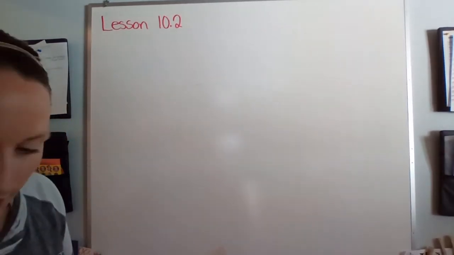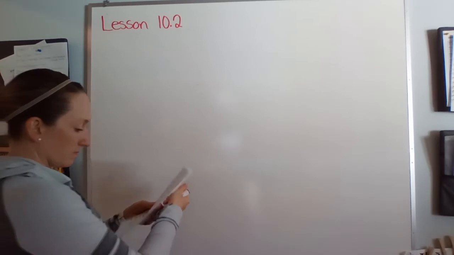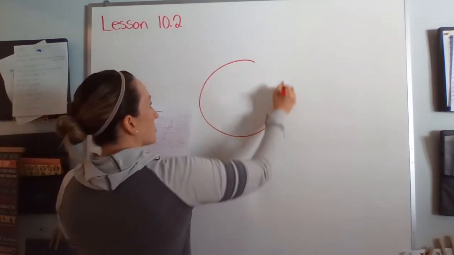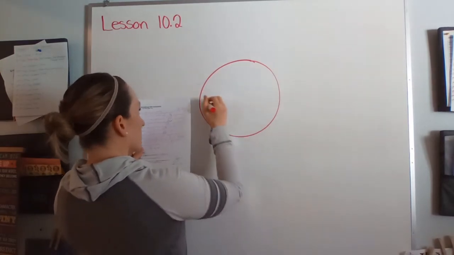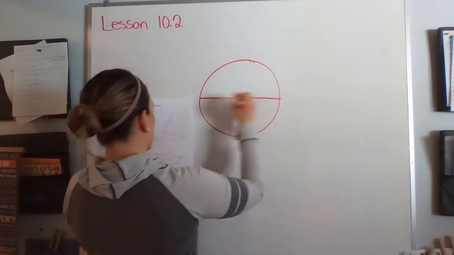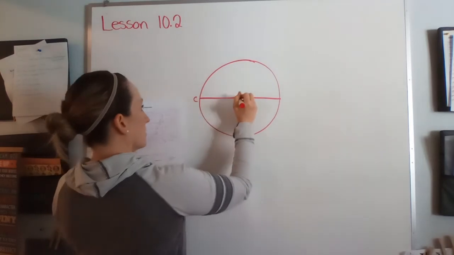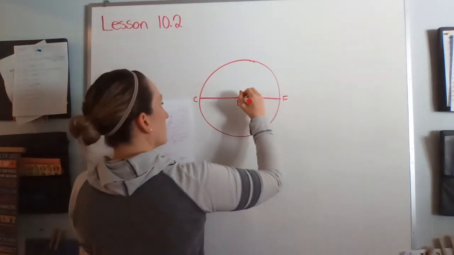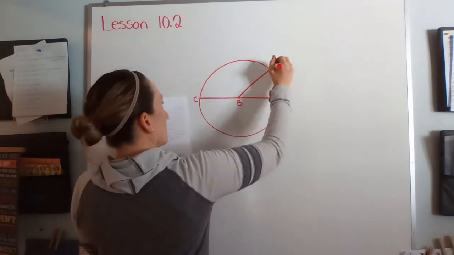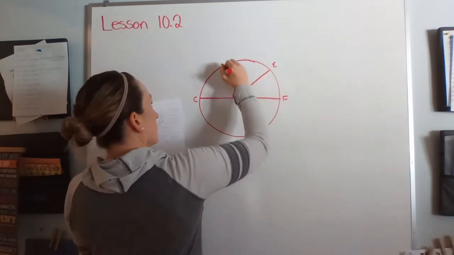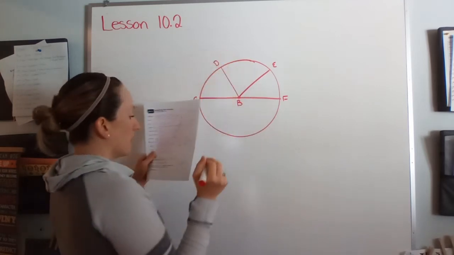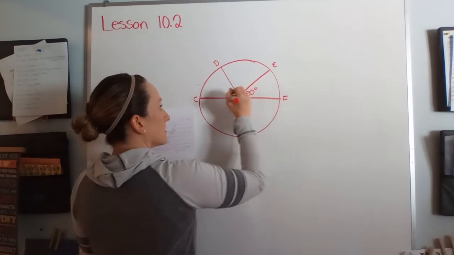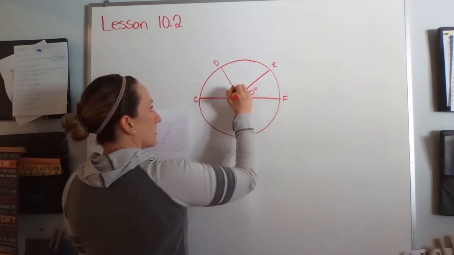So let me get my diagram up here. So the image I have in the notes, C, E, F, E, and D. And in the notes, I made both this angle 80 degrees and this angle 80 degrees.